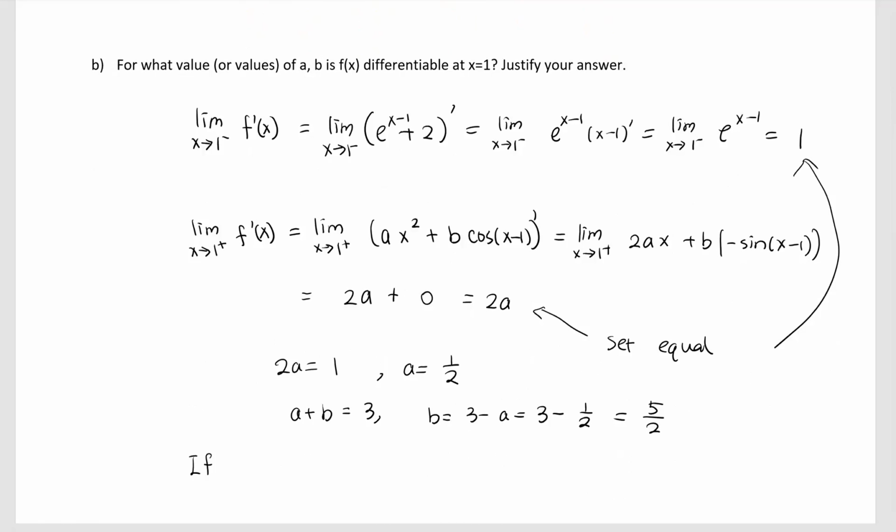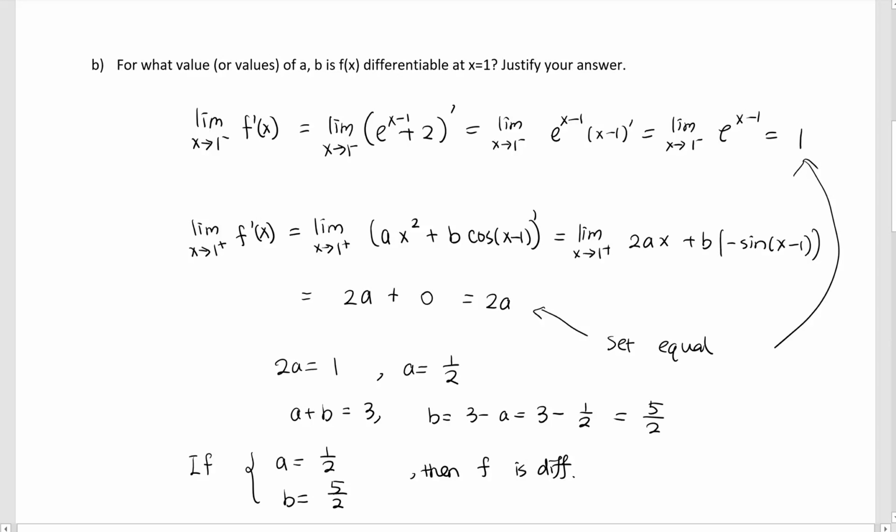So we answer the problem: if a is 1/2, b is 5/2, then f is differentiable. Okay, so that's the complete solution of this problem.